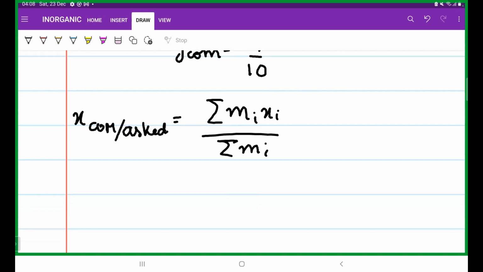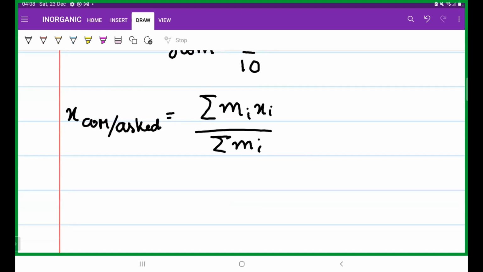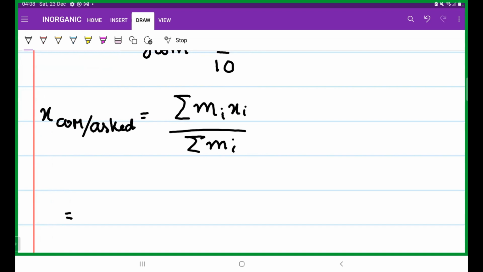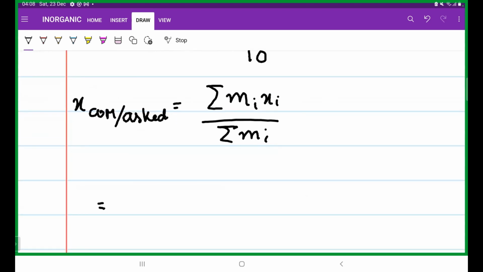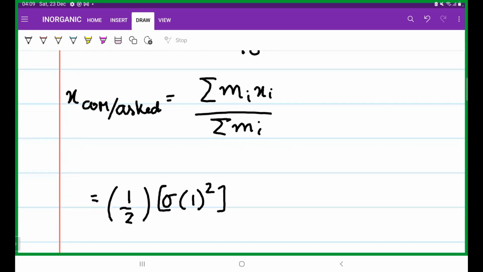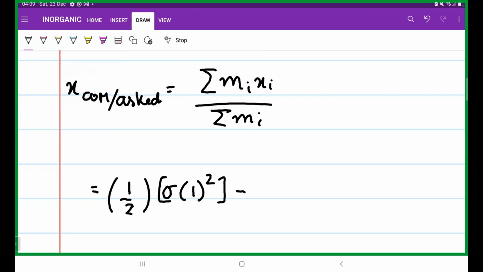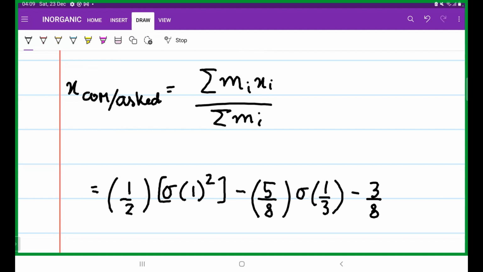So let me now just put all the values. This is equal to half sigma into 1 square, where 1 square is the area and sigma is the surface mass density, and half is the center of mass coordinate of that square. Now we will eliminate blocks A and B. So this will be sigma into 1 by 3, the area we have already found out, right? This will be 3 by 8 sigma 1 by 3.